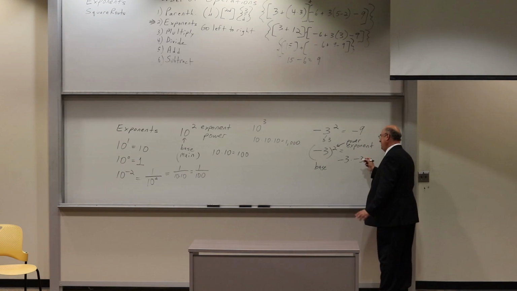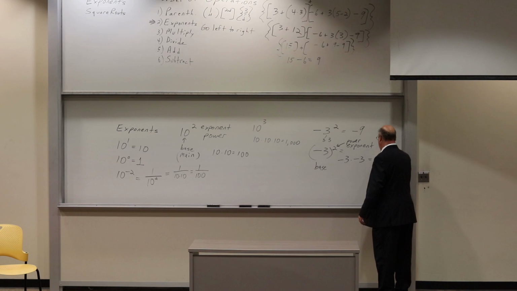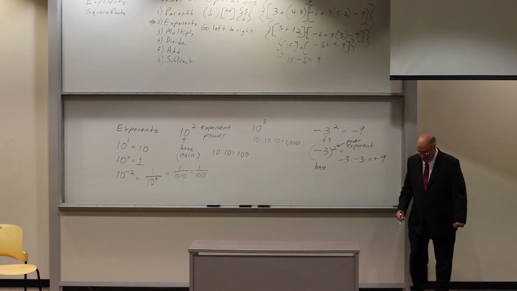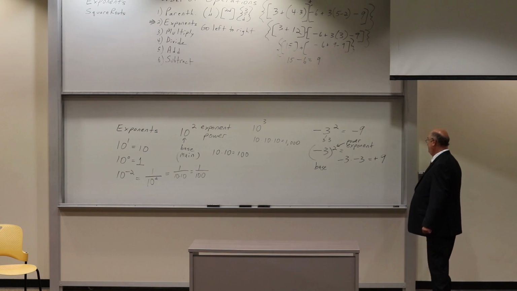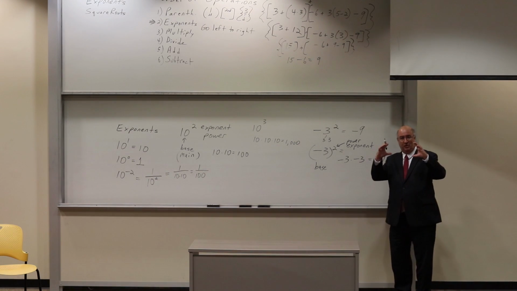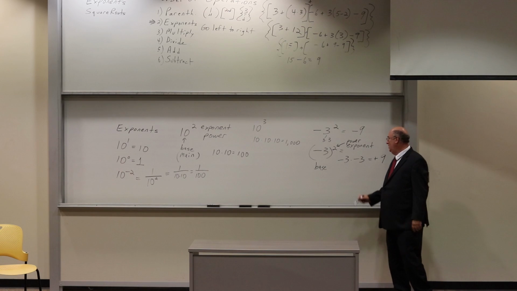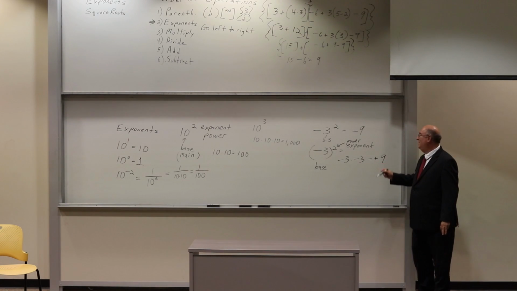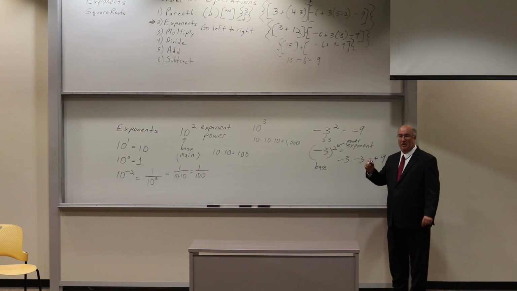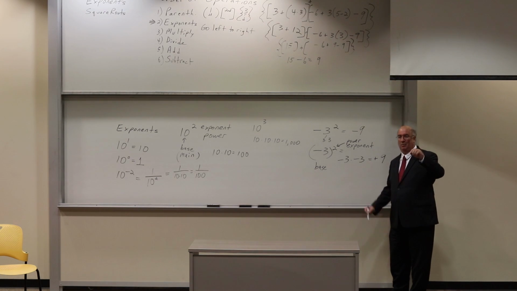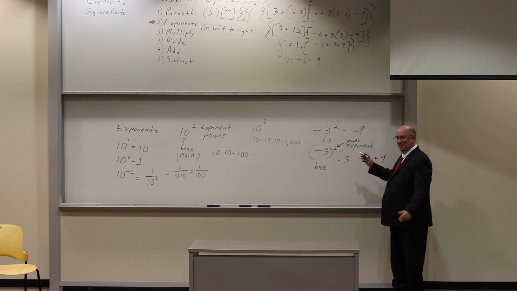Okay, so minus times minus is a plus. All right, 3 times 3 is still 9. Hasn't changed in a long time. Okay, so our answer for minus 3 in a bracket to the second power is positive 9. And our answer to minus 3 to the second power with no bracket is a different answer.